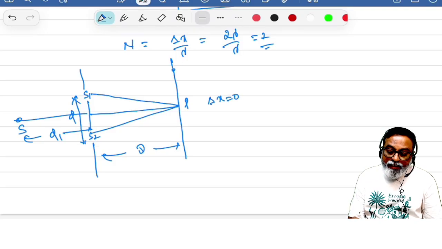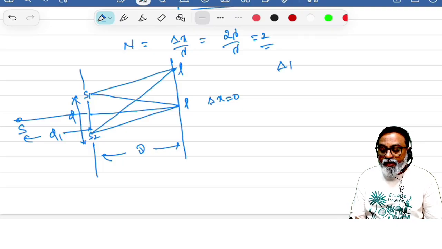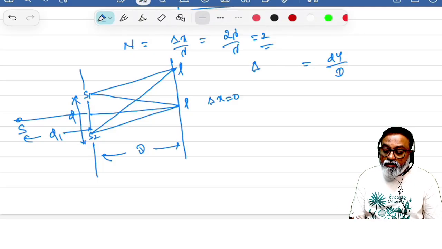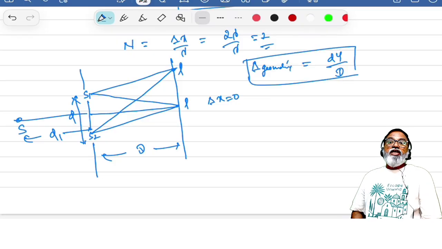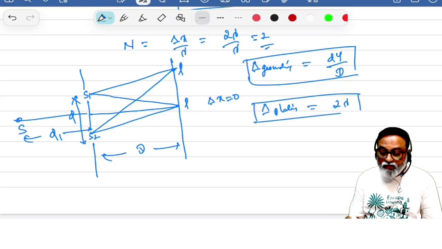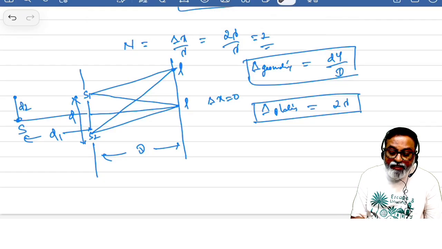If you take point P here, here is the path difference at P. Delta P is equal to d y by D. This path difference I am taking as delta geometry. Therefore, delta geometry is equal to d y by D. And delta plates is equal to 2 lambda. If the source is shifted upwards by d2, then before reaching the slits, the rays from S2 and S1 have a path difference.